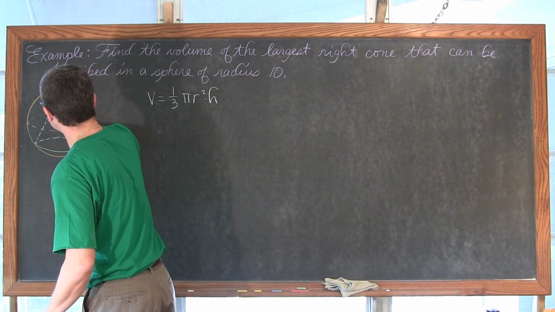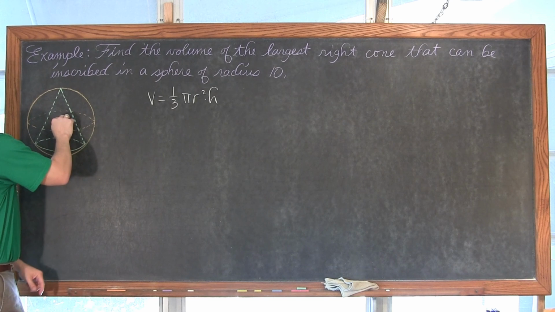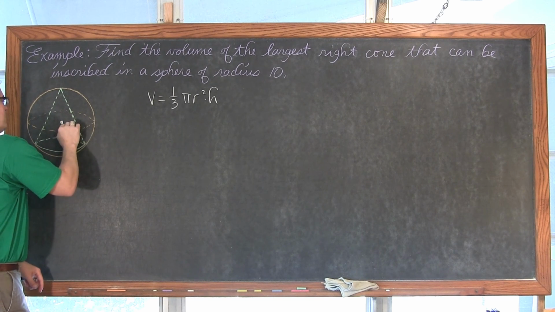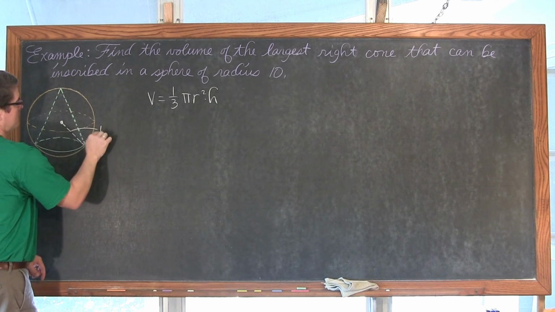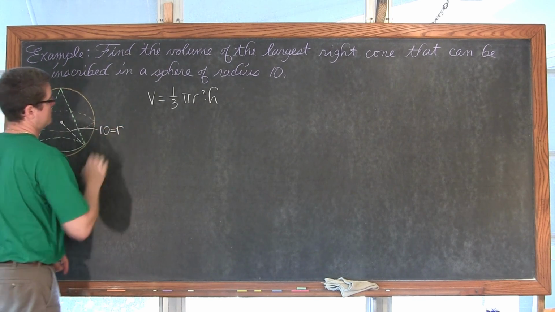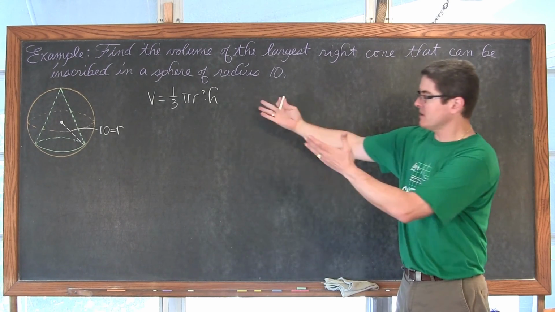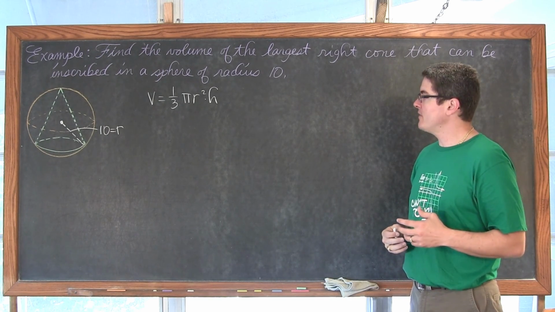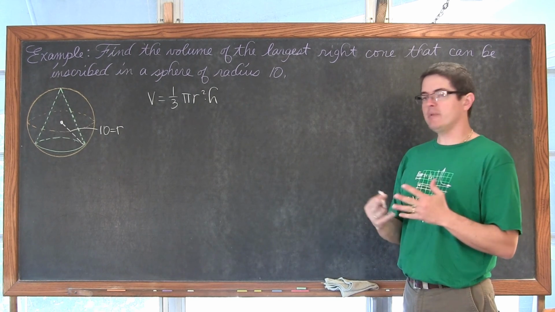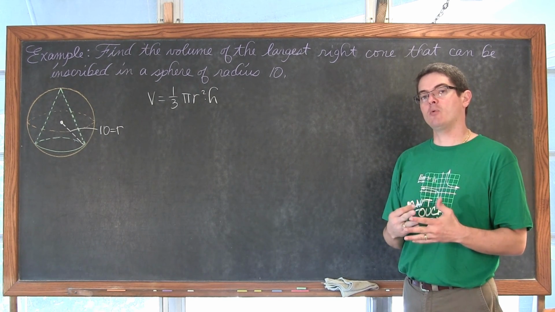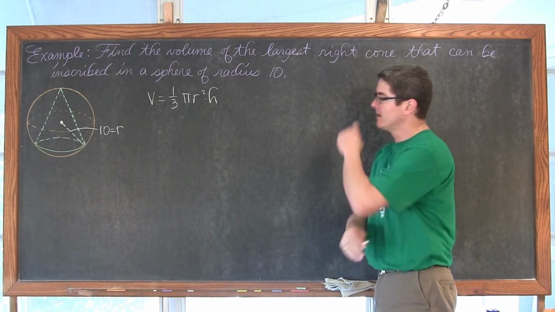So let's mark off the center and identify the radius right there of 10. We need to write the volume of this cone in terms of only one variable, and it's going to be a little more difficult this time to come up with a secondary equation that's going to allow us to do so.